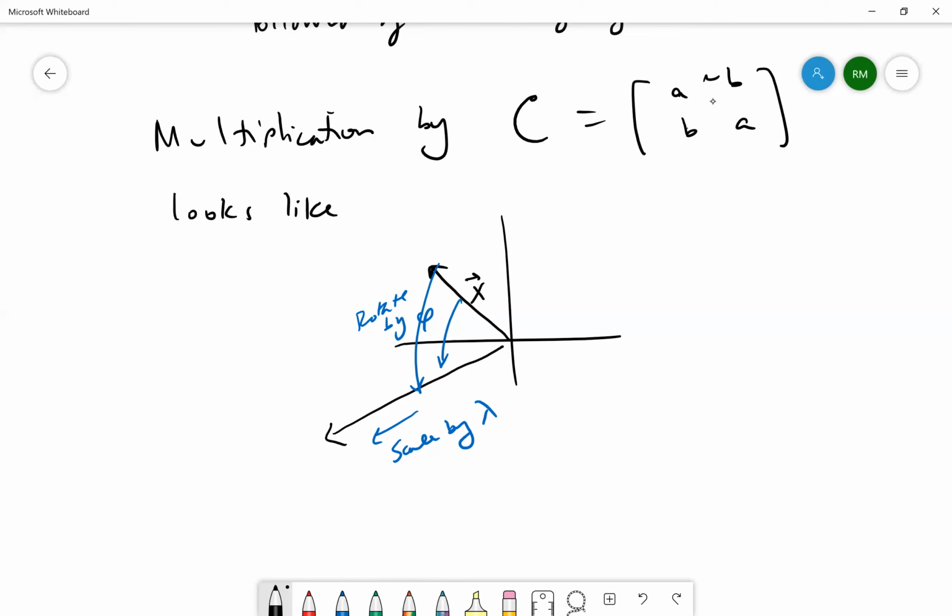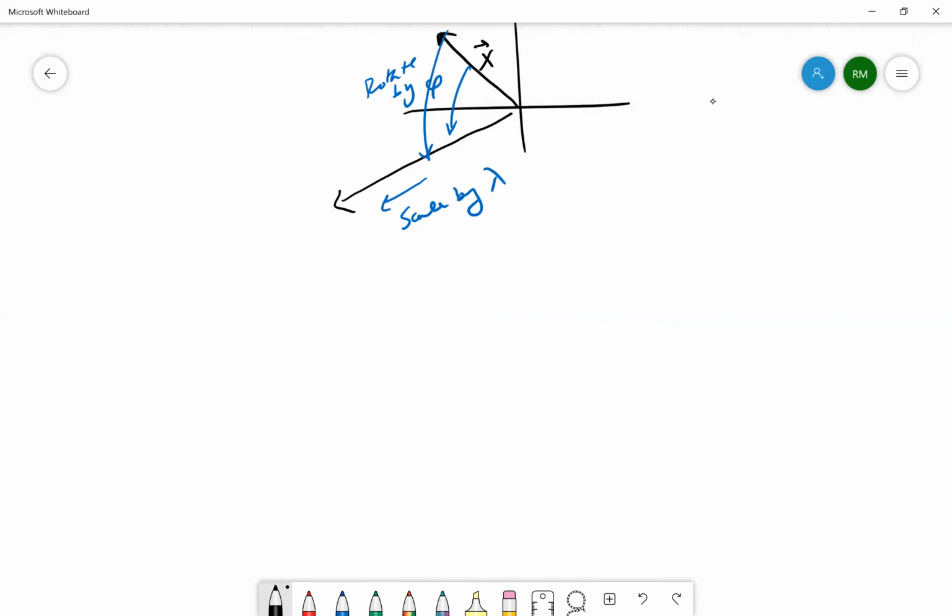And I claim that every 2x2 matrix with complex eigenvalues can be put in this form after you change the basis. So how do we do that? Well, here's our theorem, whose proof we will omit.